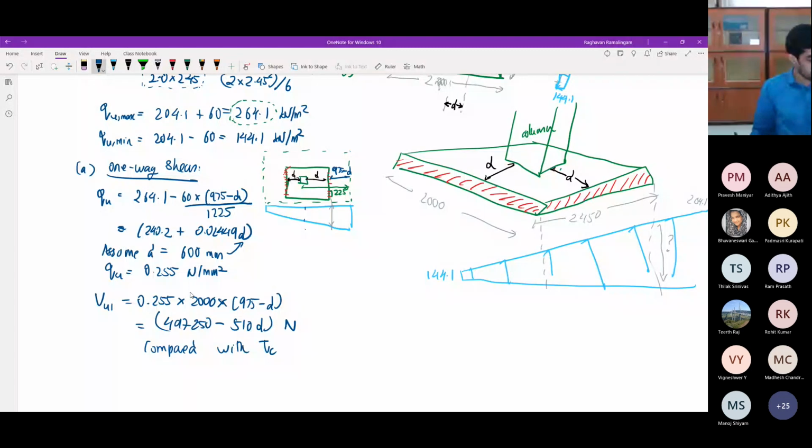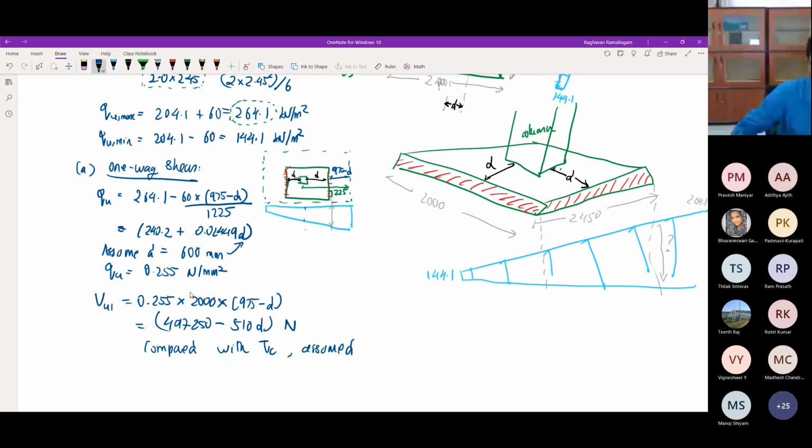tau c. This is the shear resistance of the given concrete for the given percentage of steel. So here also I have an unknown. The percentage of steel in the footing is not known. So again that also has to be assumed.